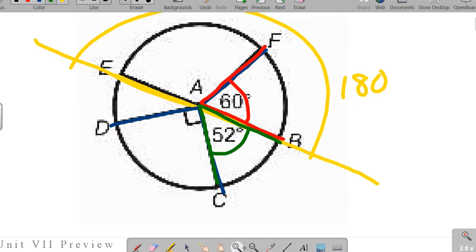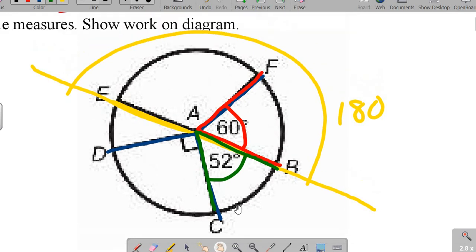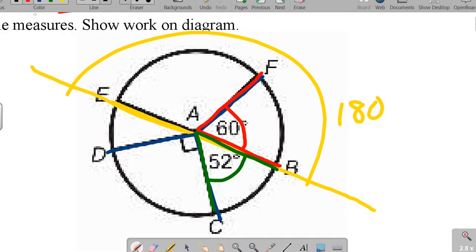Okay, you ready? This is going to be super easy. We're going to go kind of quick. Measure of a central angle to its arc the same. So if the central angle is 60, the arc is 60. Central angle 52, arc 52.